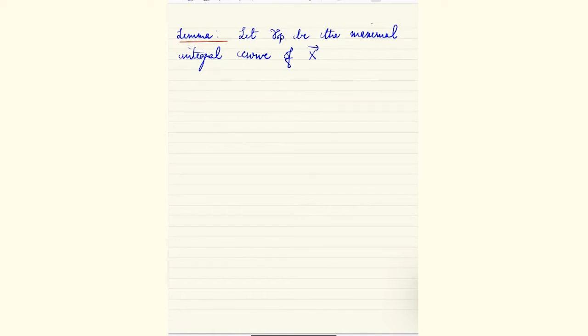So the claim was that, if we took a maximal integral curve through a point P of a vector field on your surface, and suppose Q is the point you reach on this maximal integral curve through P at time S.